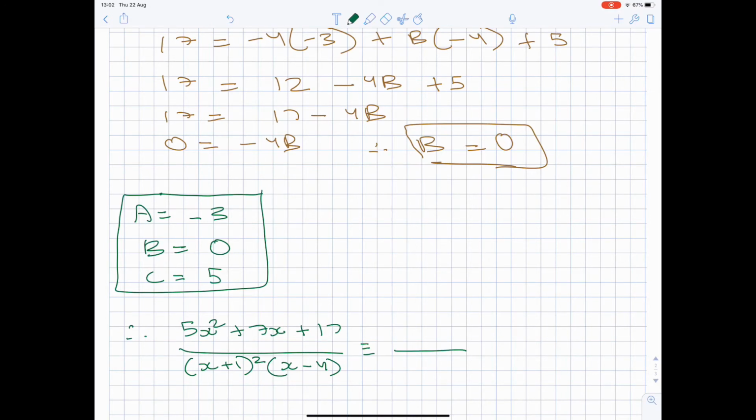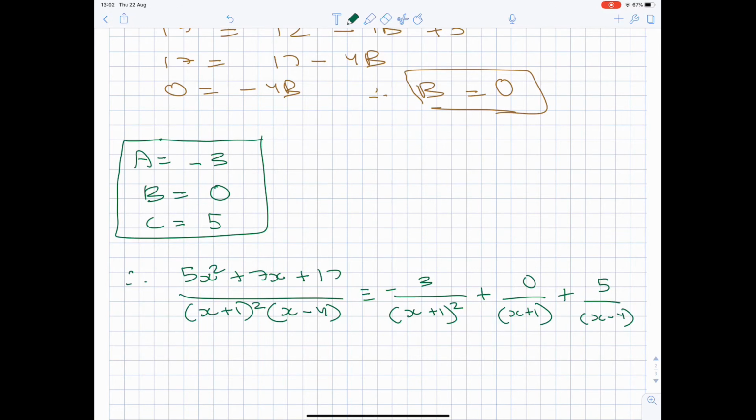A was minus 3, and the first denominator was x plus 1 squared. So that'll be x plus 1 squared, plus B, which is 0, so we write 0 on the top here, and x plus 1. And finally, C would be 5 over x minus 4.